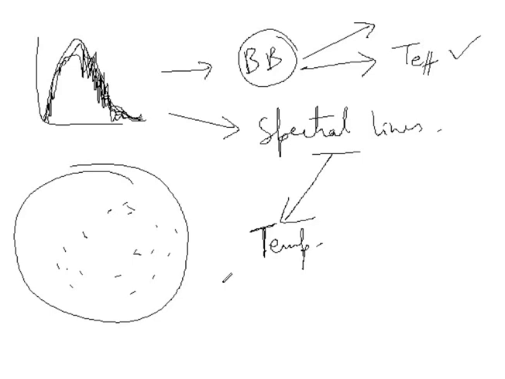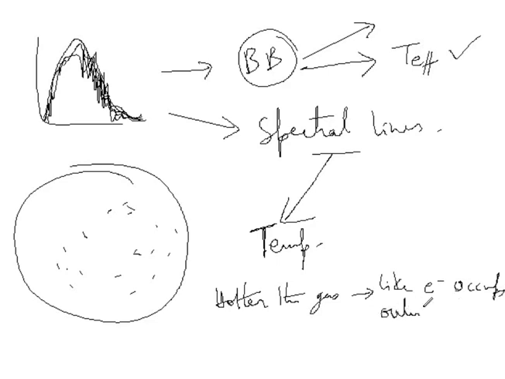This means that the hotter the gas, the more likely that electrons will occupy the outermost orbits, which correspond to the highest energy levels.